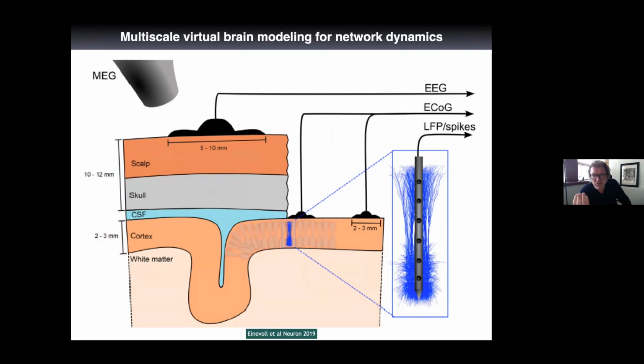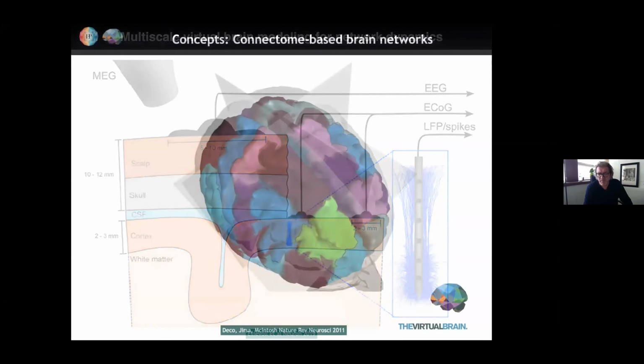Each source is roughly on the scale of 1 millimeter, because at some point the mean field approximations break down. But we are computing the link between the sources and the sensors, which is MEG, EEG, ECoG, or it can be microelectrodes or stereotactic EEG, as we use it in epilepsy. So this is part of the neuroinformatics platform.